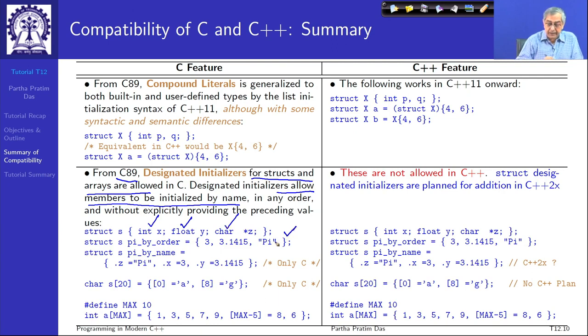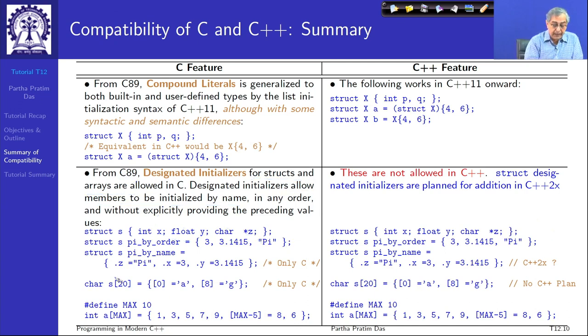I know that I can initialize it by simply putting the literals in sequence. So, this is initialization by position. The first one will be taken to be x, second to be y, third to be z. The type of the component and the type of the literal must match. This is the same in C++, you can do this in C++.